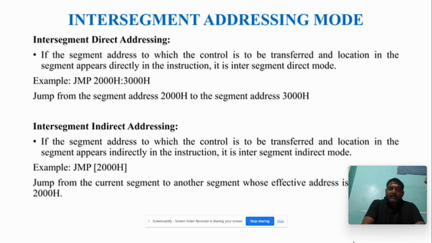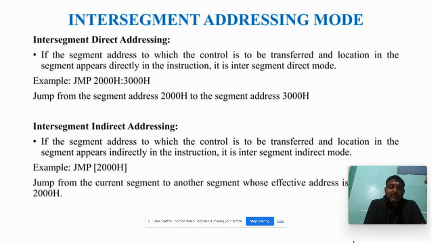Next, inter-segment direct addressing mode. If the segment address to which control is to be transferred and the location in the segment appear directly in the instruction, it is inter-segment direct addressing. For example, JMP 2000H:3000H. The address locations are specified directly, so it's called direct addressing.